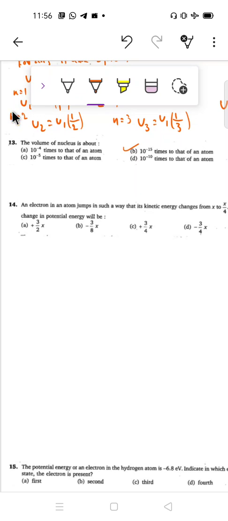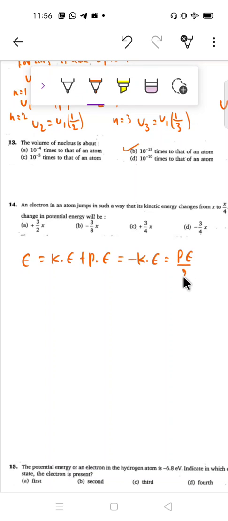We have an equation: energy is equal to kinetic energy plus potential energy, which is also equal to minus kinetic energy, which is equal to potential energy by 2.